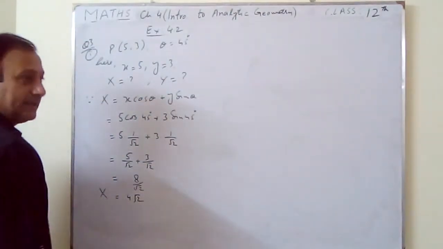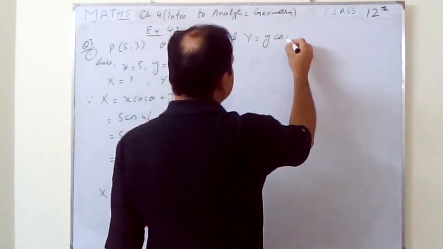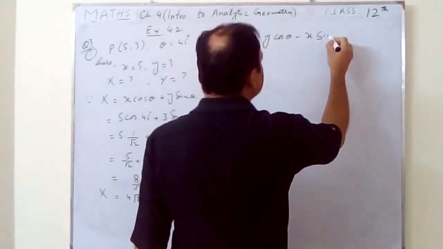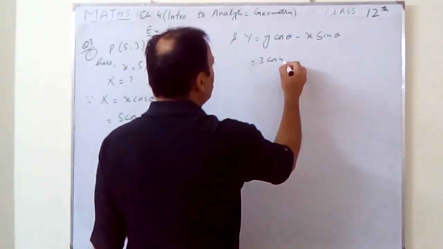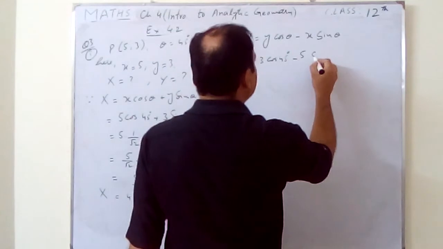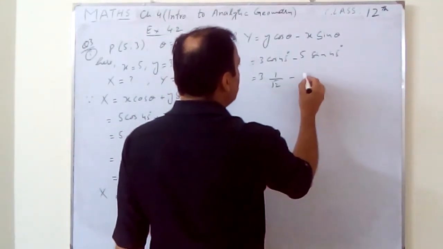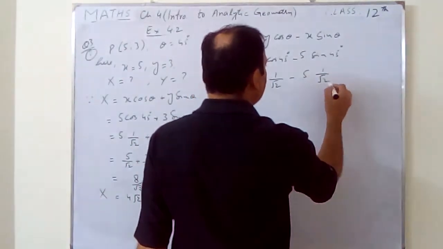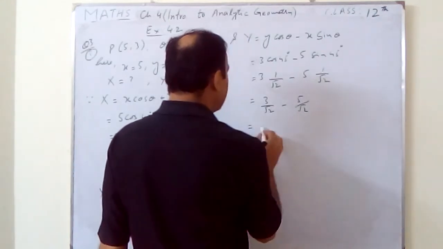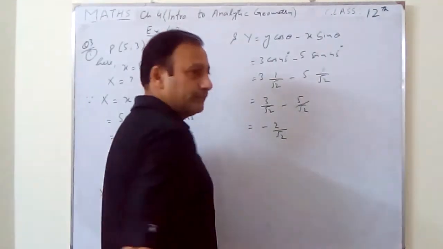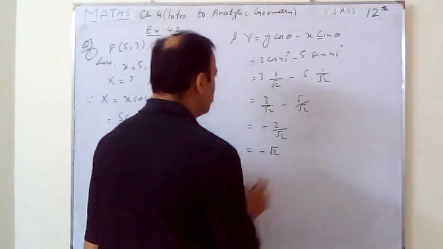So this is capital X, and capital Y is equal to y cos theta minus x sin theta. So here y is 3 cos 45 minus x 5 sin 45 degrees. So 3 into 1 over square root of 2 minus 5 into 1 over square root of 2. So 3 over square root of 2 minus 5 over square root of 2 is minus 2 by square root of 2, so it is minus square root of 2.